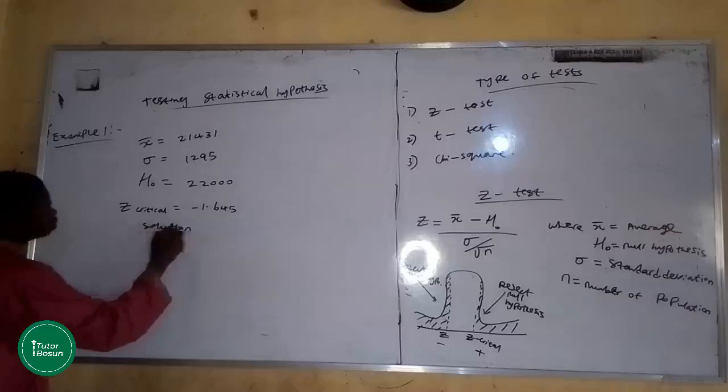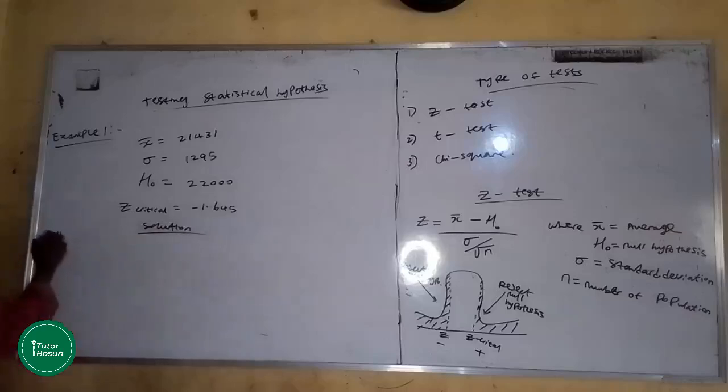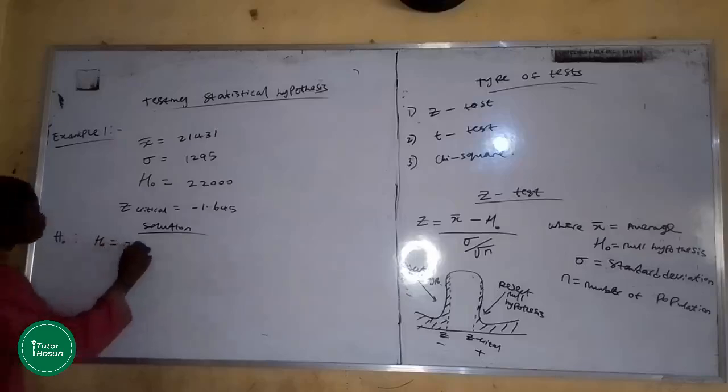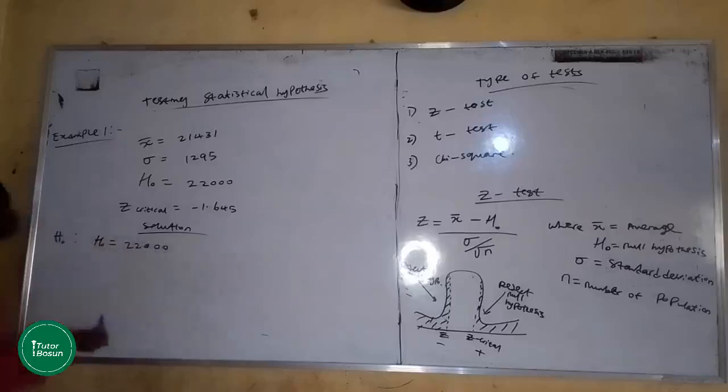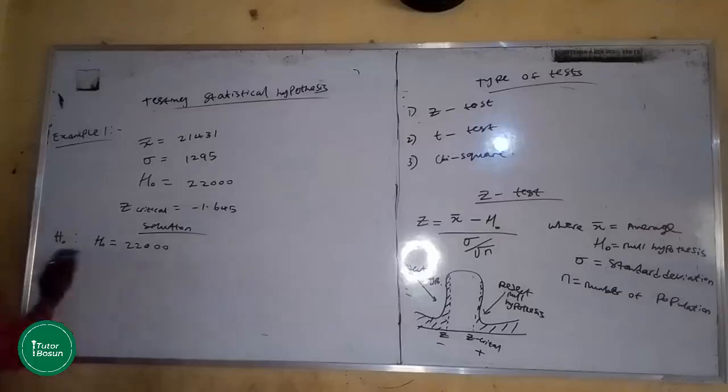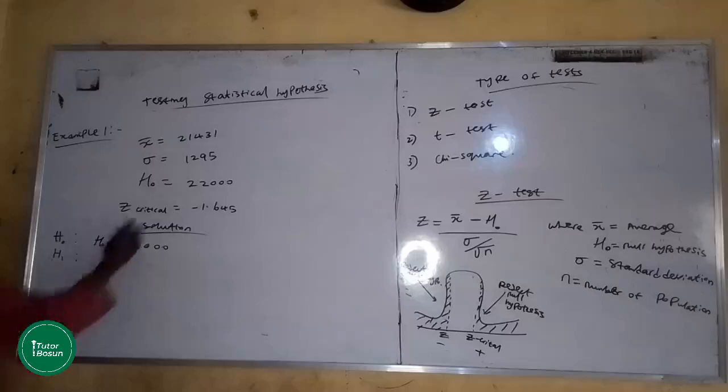So solution to this. Your null hypothesis H naught is given as what? As mu naught equal to 22,000. And your sigma, which is given as 1,295, and your alternative hypothesis H1, we've written all the parameters as well. I don't want to repeat it here.